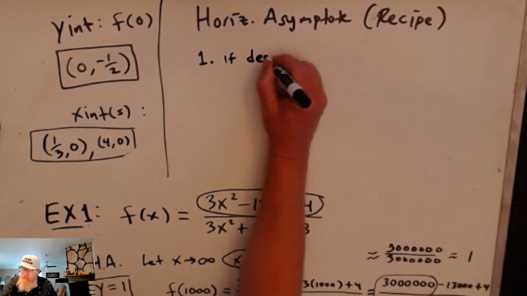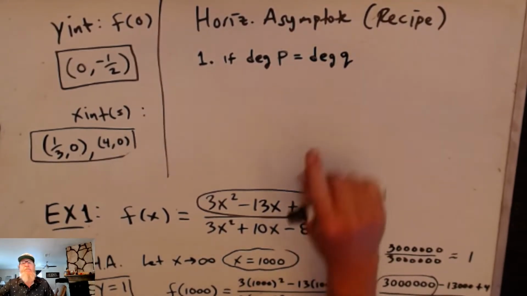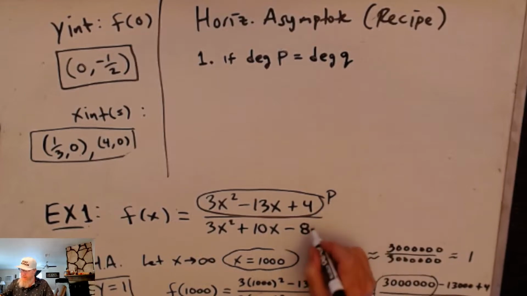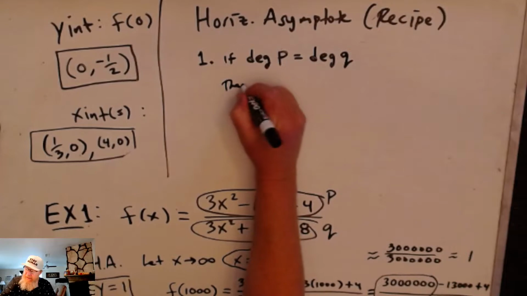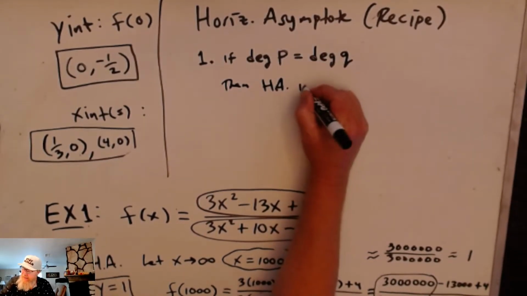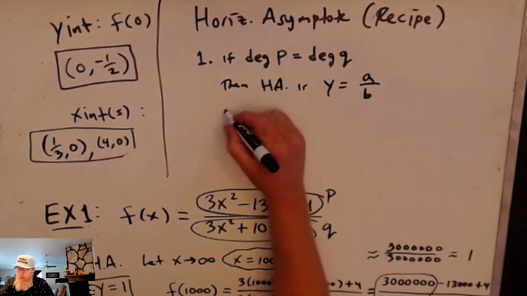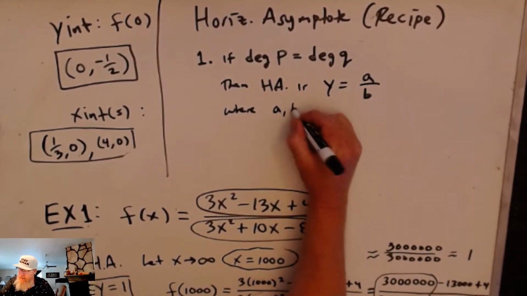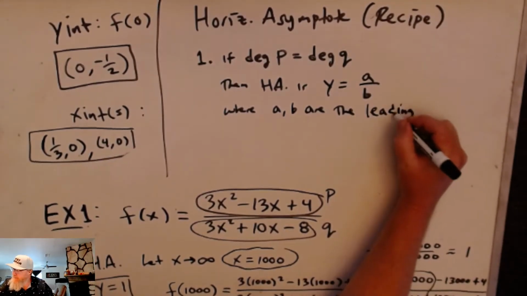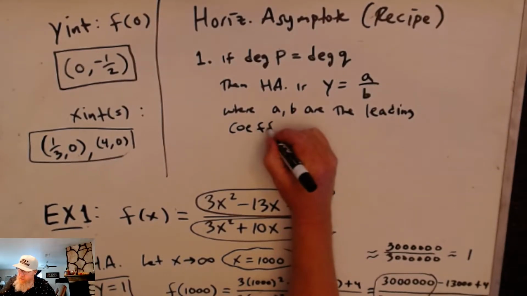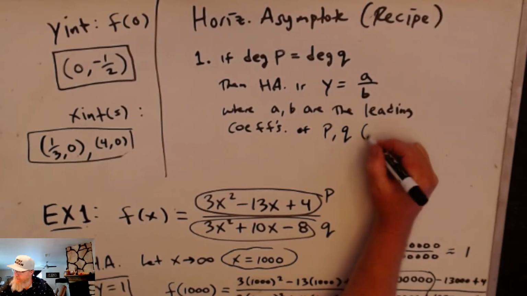If the degree of P is equal to the degree of Q, you remember P is the numerator and Q is the denominator, then the HA is y equals a over b, where a and b are the leading coefficients of P and Q, respectively.